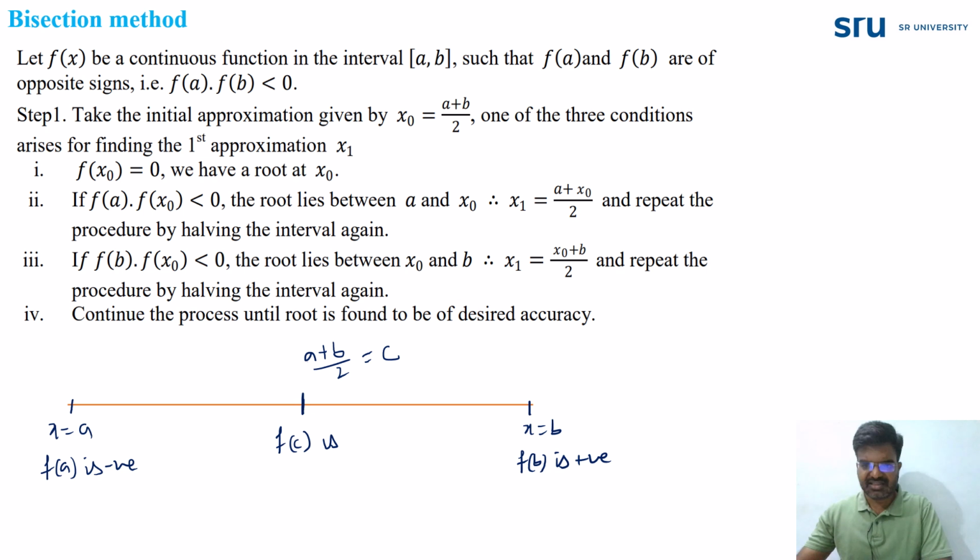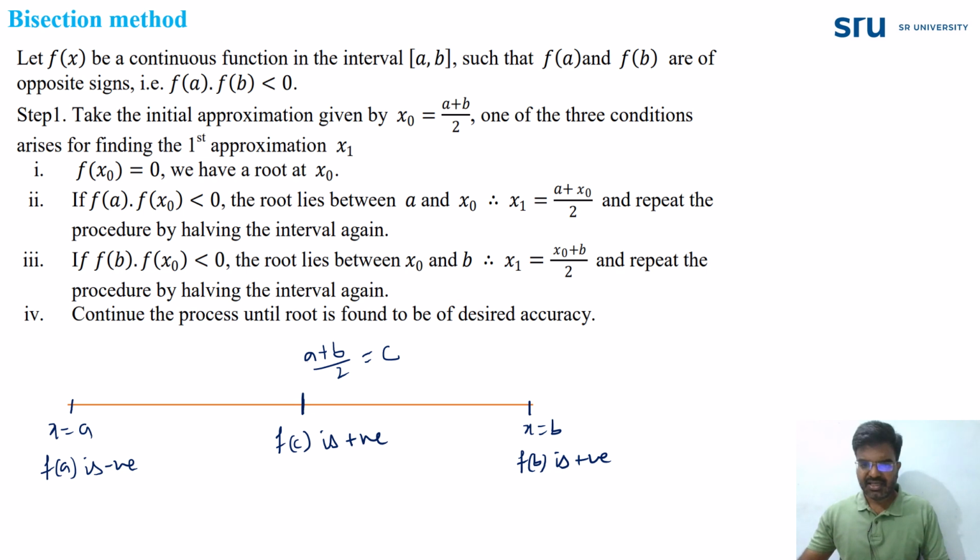Suppose at c the function is positive, then the root lies between a and c, because already we know the property: if a function has different signs at two different points, then the root of the function lies between the two points. Here the function is positive at c and negative at a, so the root lies between a and c.